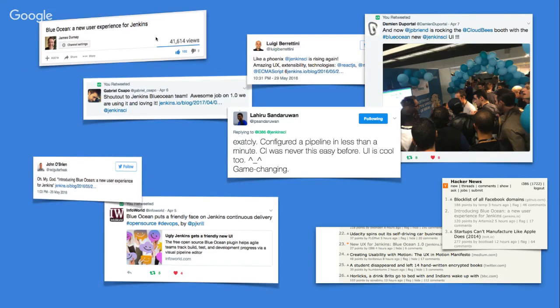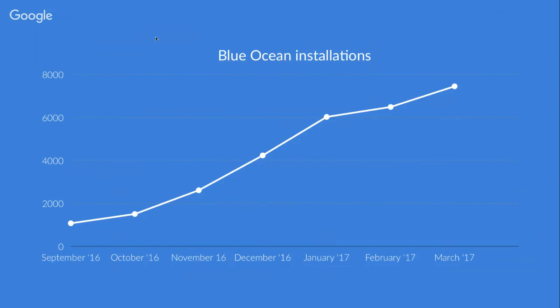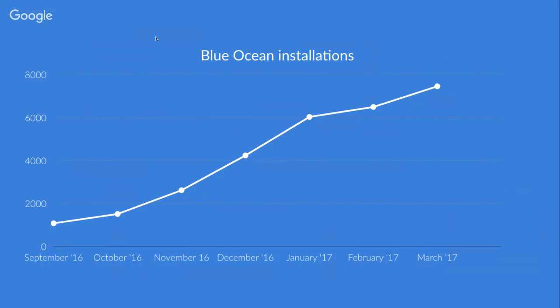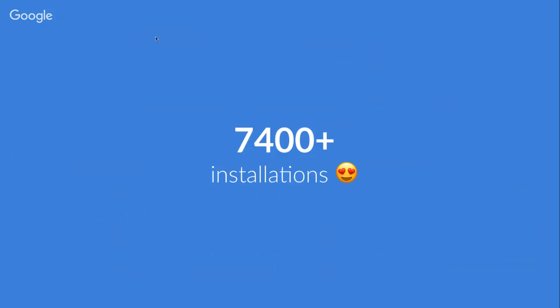Over the course of the beta, we launched the beta in September 2016 at Jenkins World. And since then, I think we're now up to 7,400 installations of Blue Ocean. That is not counting the installations since we've launched Blue Ocean 1.0.